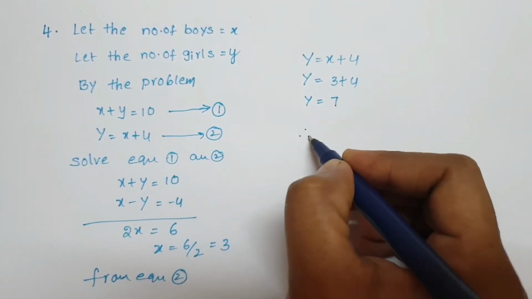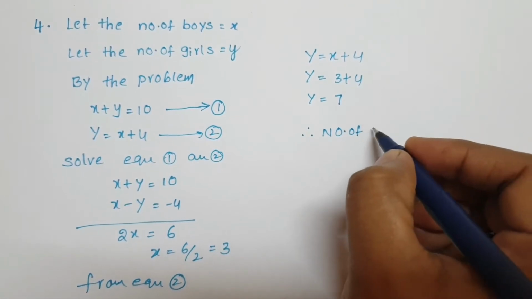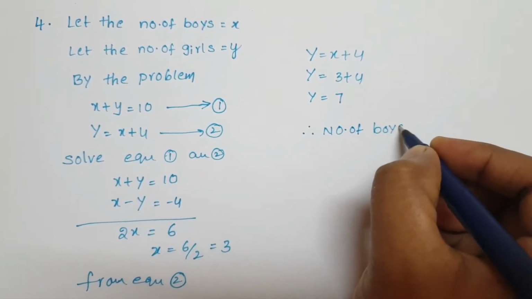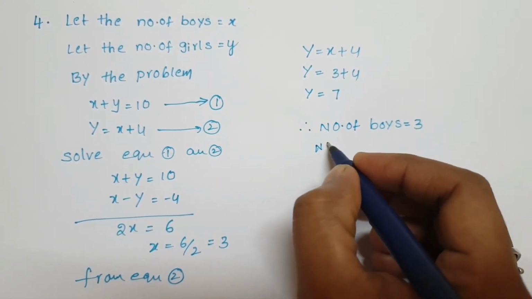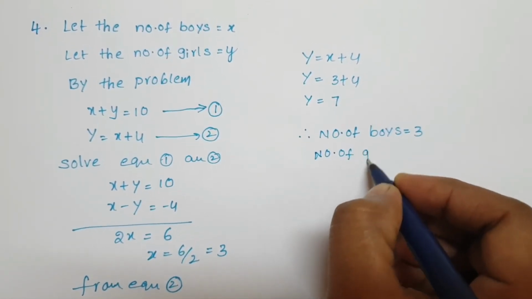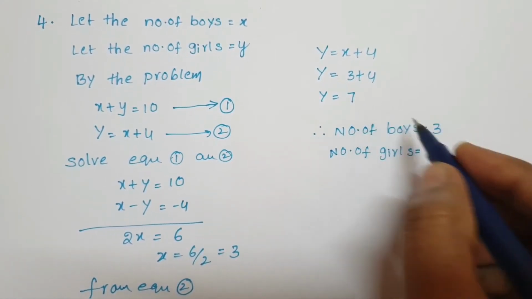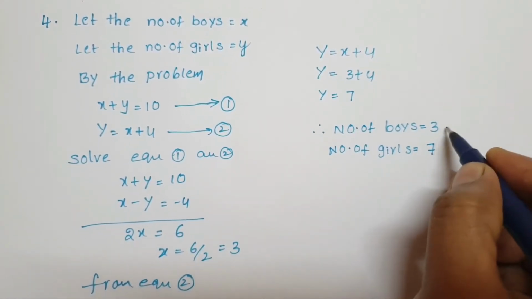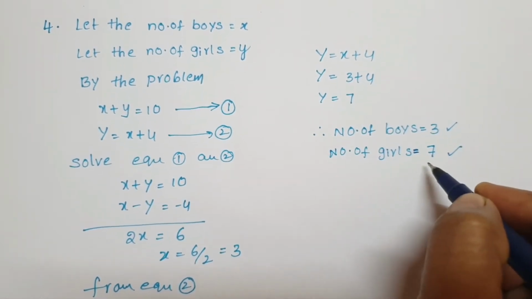So now we get the x and y values. Number of boys equal to x, which means 3. Number of girls, y, we get here 7. Number of boys equal to 3. Number of girls equal to 7.